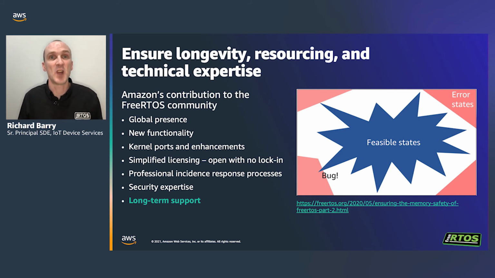In fact, this diagram is taken from a blog post on the freertos.org site, which is describing these things. So this is adding in that extra level of confidence. And then there are things like the fact that AWS are very well practiced in global best practices in things like investigating incident reports, patching software, over-the-air updates, and all this kind of thing.